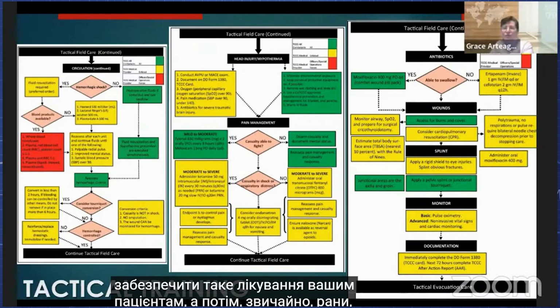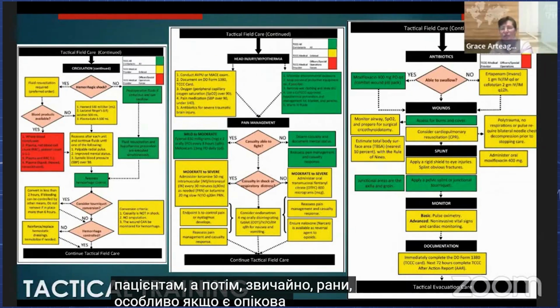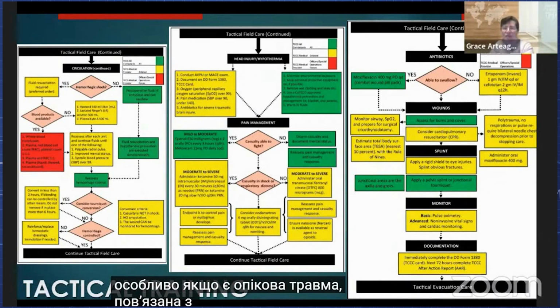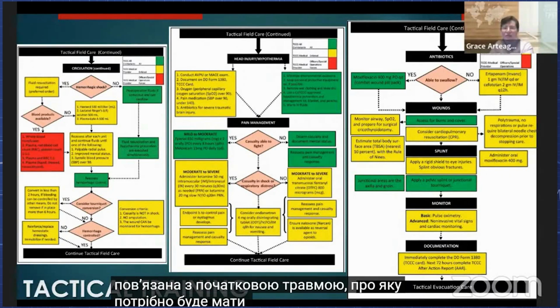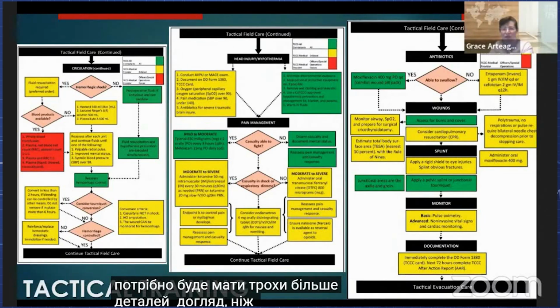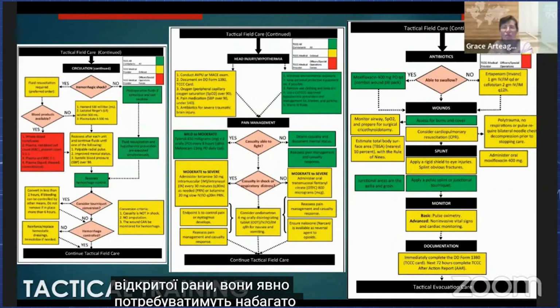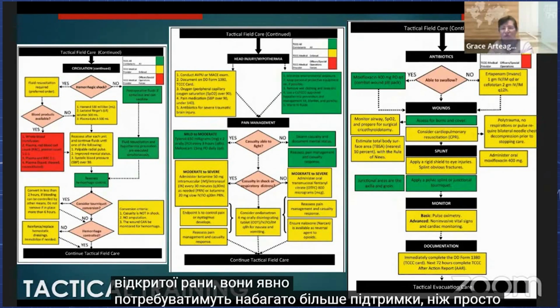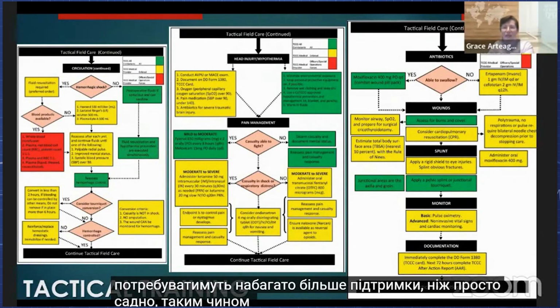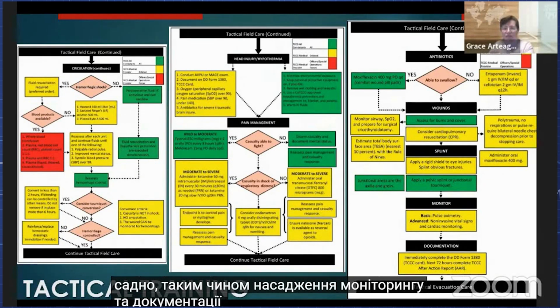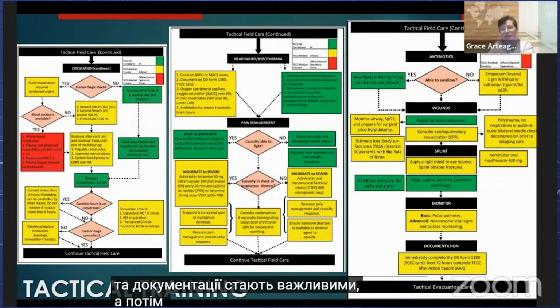And then, of course, wounds, particularly if there's a burn injury associated with the initial trauma, are going to need a little bit more detailed care than just some other type of open wound. The wound clearly will need a lot more support than just an abrasion. The splinting, the monitoring, and the documentation become important. And then next slide, please.